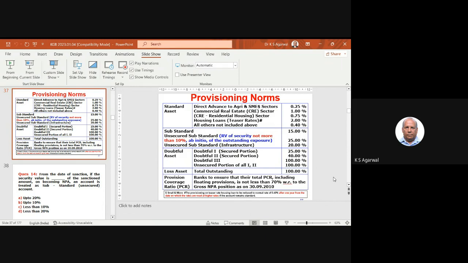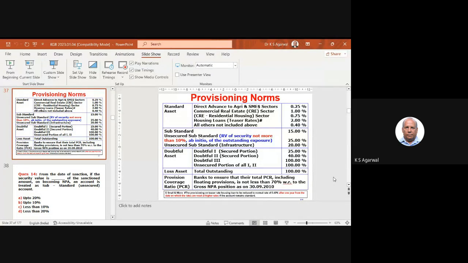I gave an advance of 1 lakh rupees and the realizable value of security was not more than 10%, meaning it was 10,000, up to 10,000 only. From 100 rupees to 10,000 or 0. So when such an advance becomes NPA for the first time, it will be categorized as an unsecured substandard advance. And provision will be 25% of outstanding balance. But if such an unsecured substandard advance is in the infrastructure sector, the provision will be 20%.